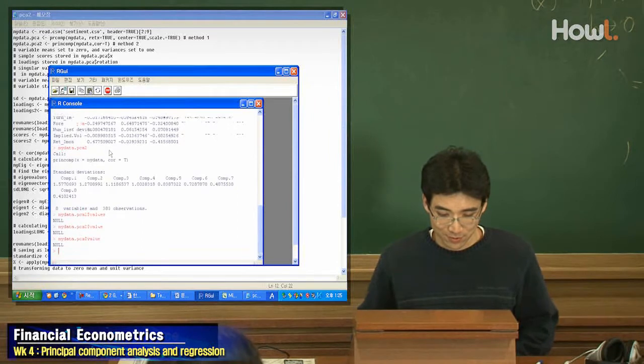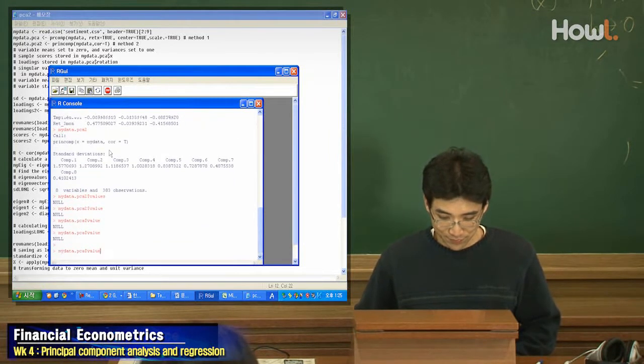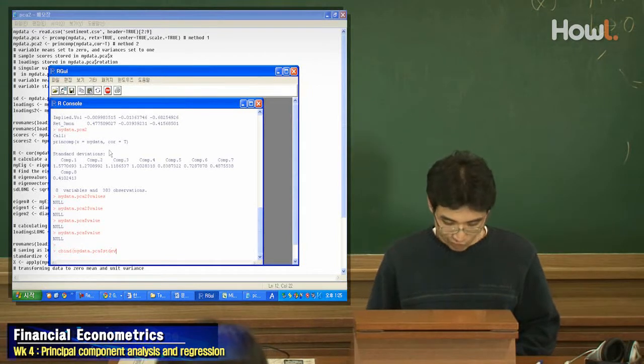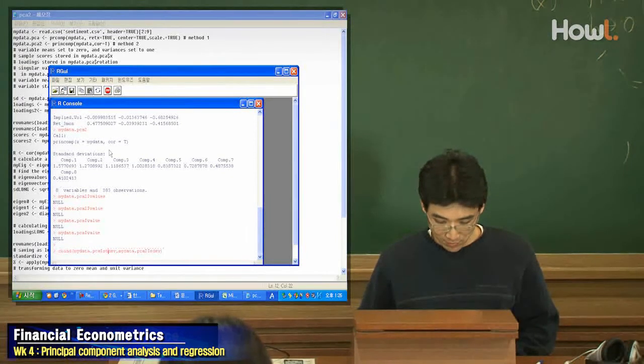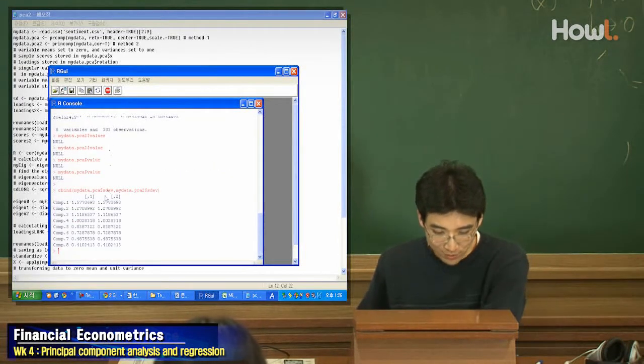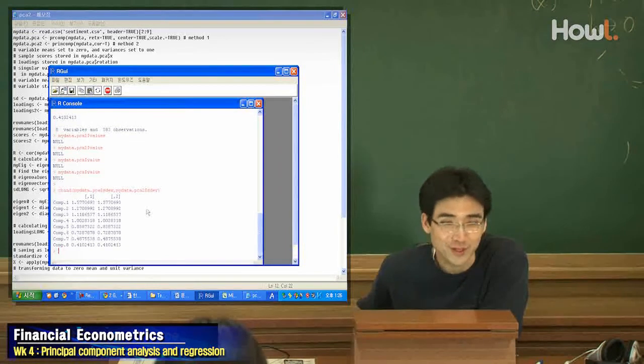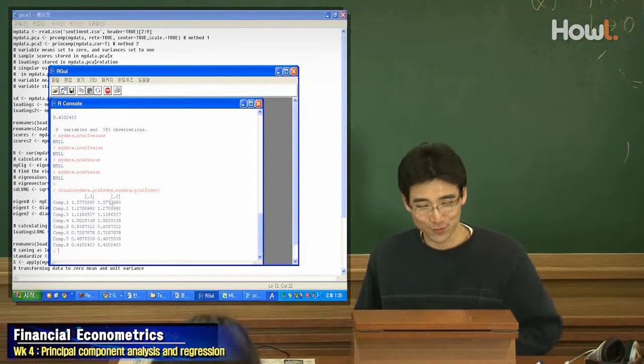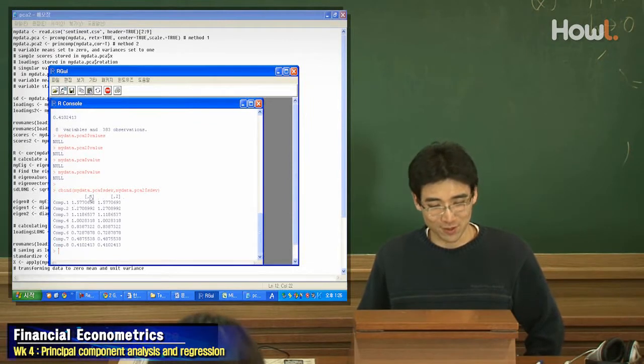Okay, so the answer is almost the same. So components 1, 2, 3, 4, 5, 6, 7, they are the same.